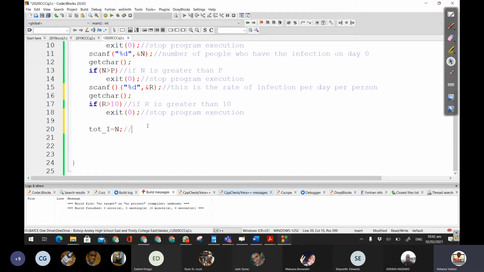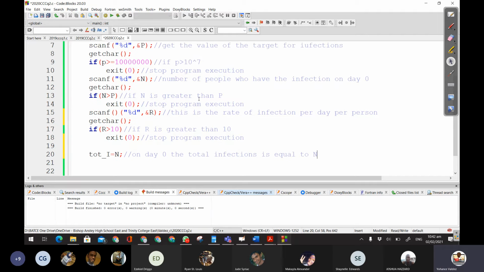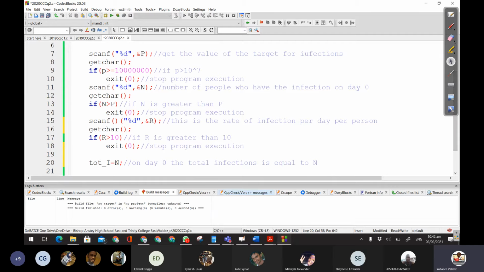So what we are saying here is on day 0, the total infections is equal to n. Anybody have any questions about what I've typed out so far? On day 0, the total infections is equal to n.